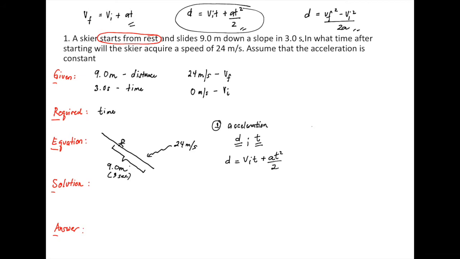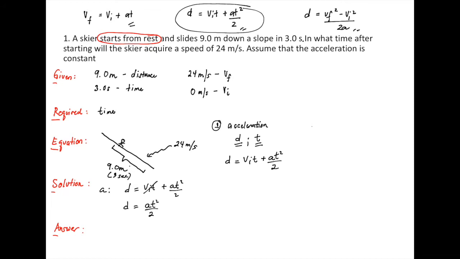Let's go now to our solution. Let's find first the acceleration. So in finding the acceleration, since d equals Vit plus at squared divided by 2, we should simply cancel out Vit because that is 0. And then we have now d equals at squared divided by 2.